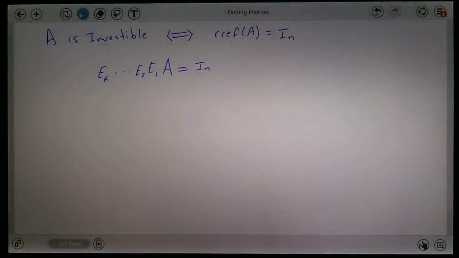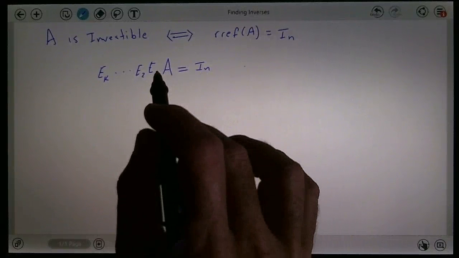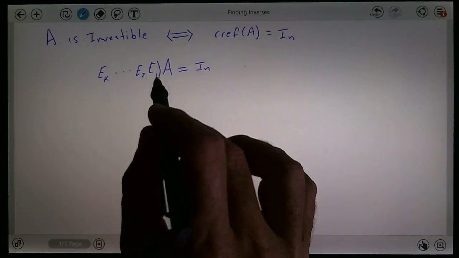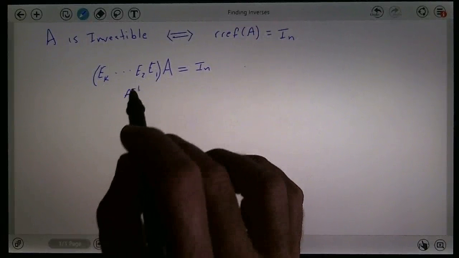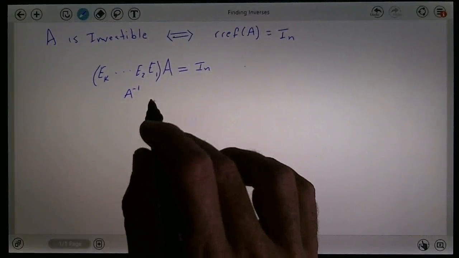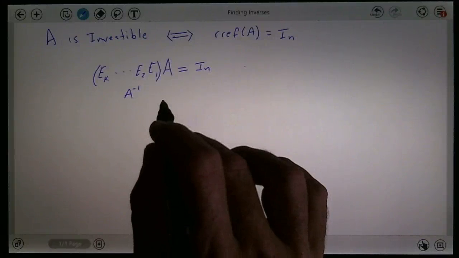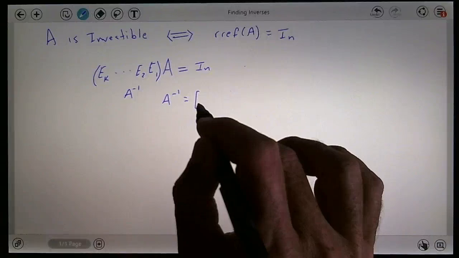Now notice that what I have here is a product of something times A equals the identity. So this something right here has to be A inverse. So A inverse is actually equal to this product.